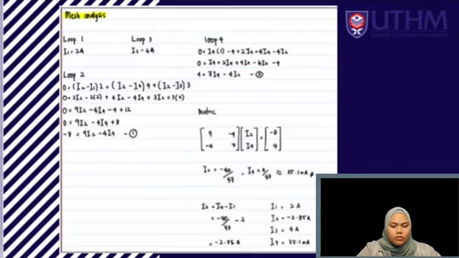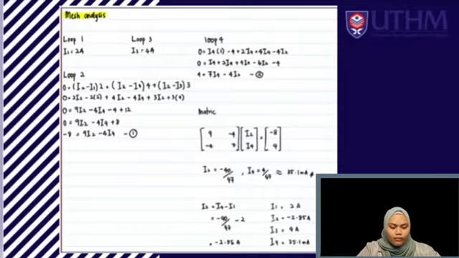For loop 3, we got I3 equal to 4A, and for loop 4, we use the same way as we did in loop 2, which is using KVL.